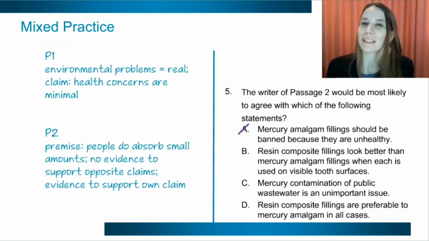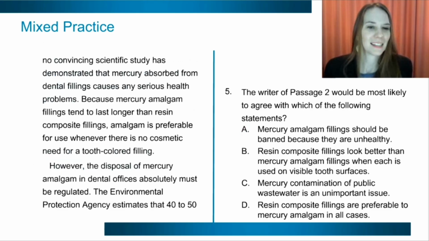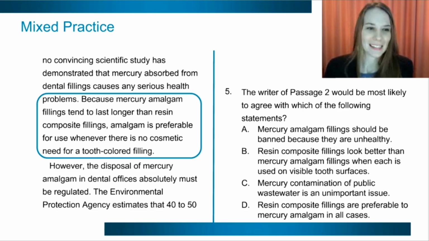Okay, so now that we've eliminated that answer, which of these do we have support for in the text? Well, the author says that mercury fillings are in fact preferable in certain cases. Because they last longer, they're preferable to these resins, except when there is cosmetic need.